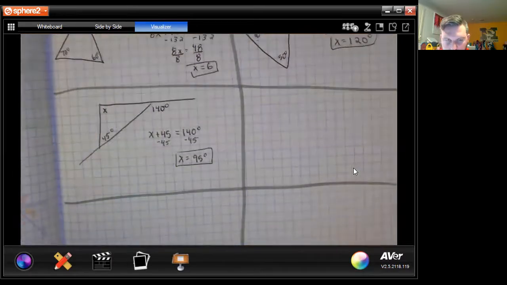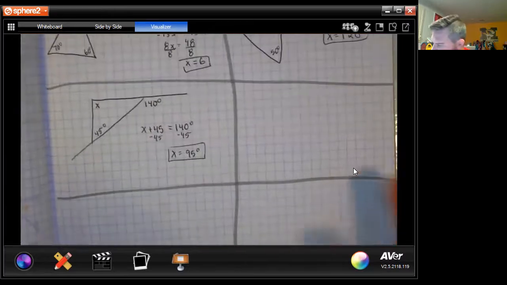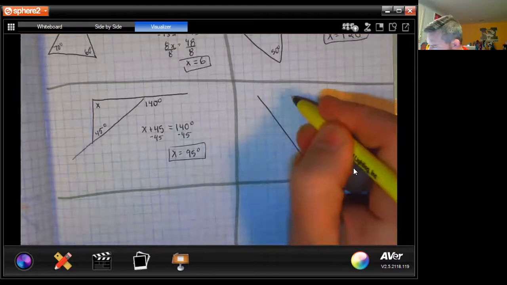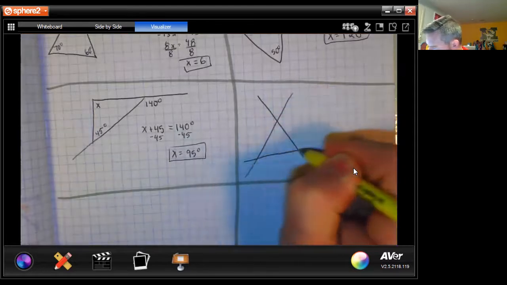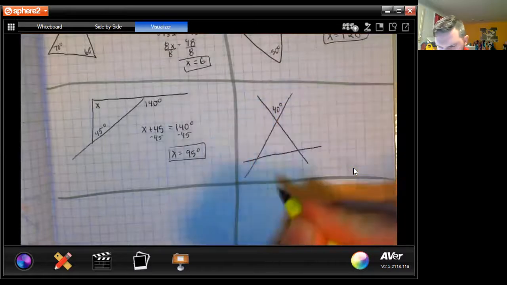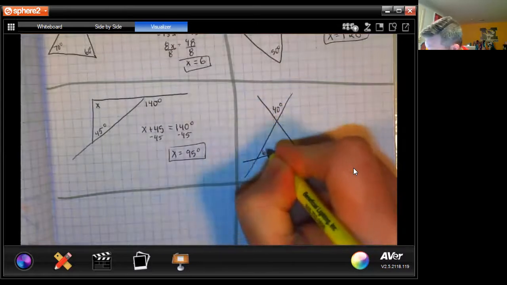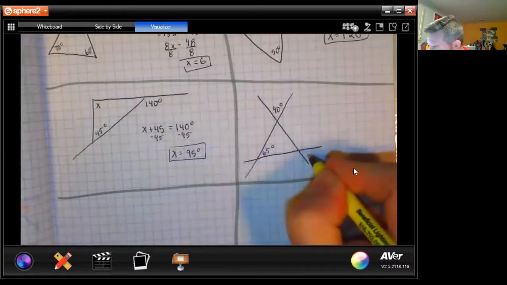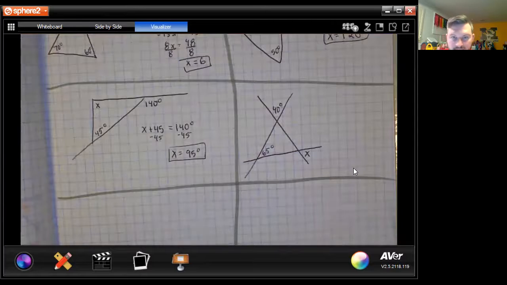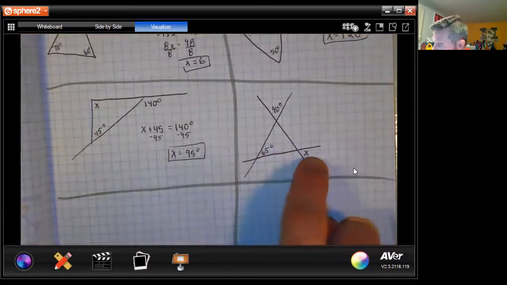All right, we've got three more here. This is 40 degrees, this is 65 degrees, and we want x over here. On this one, x is an interior angle.